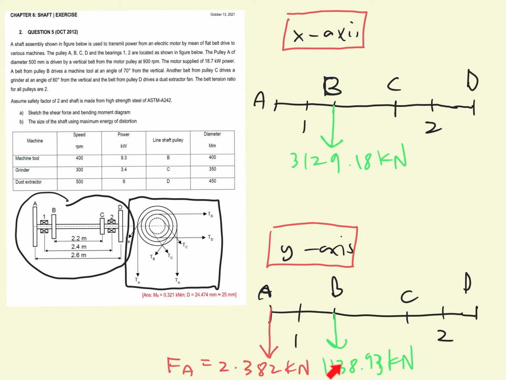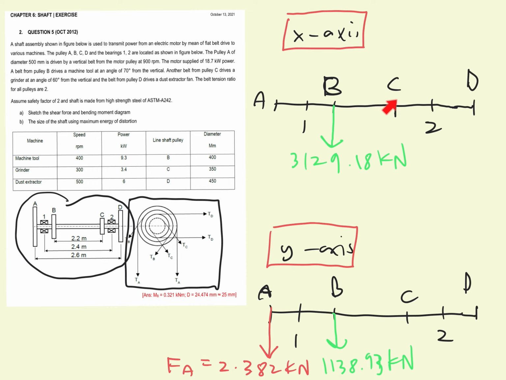Next, we will try to find the force acting at pulley C for the x-axis and y-axis, because if we see from this diagram, the belt for pulley C also has an inclined angle to the right downside. So it means that we will resolve into y-axis and x-axis.